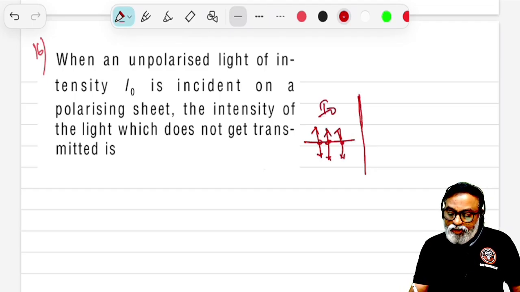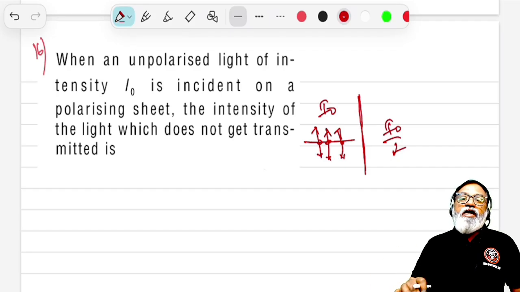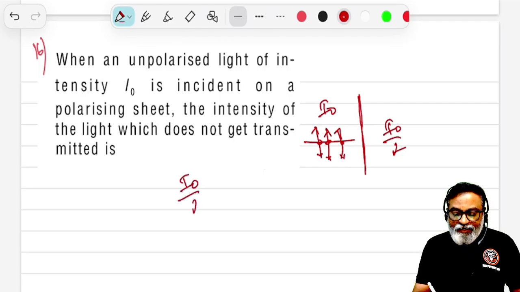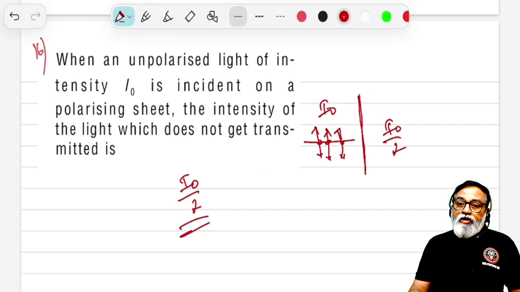After transmitting through this polarizer, the intensity becomes I0 by 2. Therefore, from I0, I0 by 2 is transmitted. Therefore, the remaining I0 by 2 is not transmitted. Therefore, the not transmitted light intensity is I0 by 2. Transmitted light is also I0 by 2.